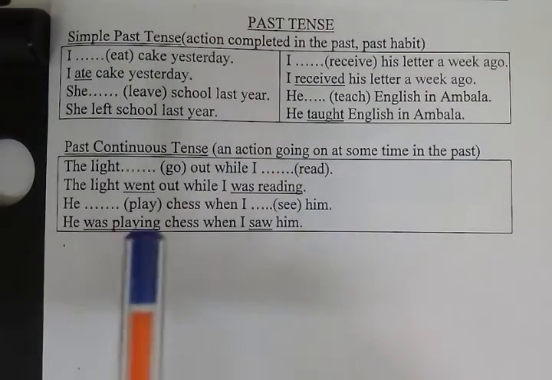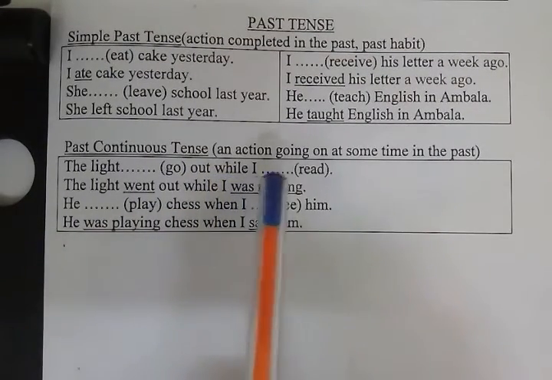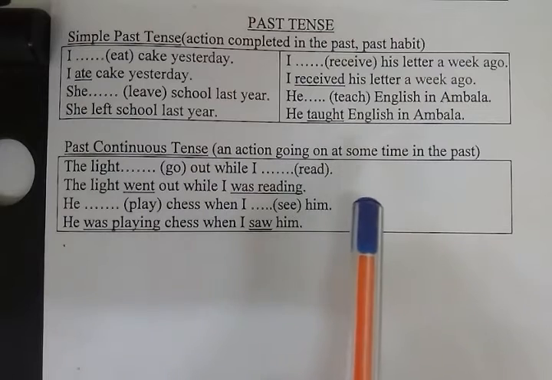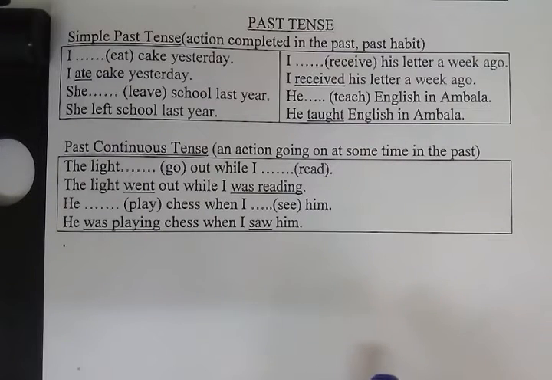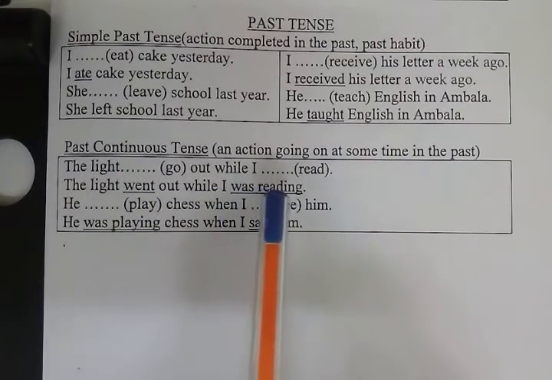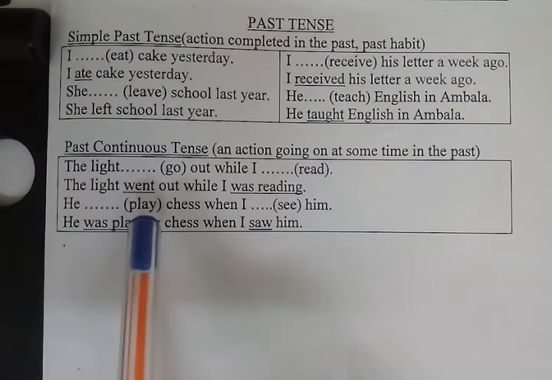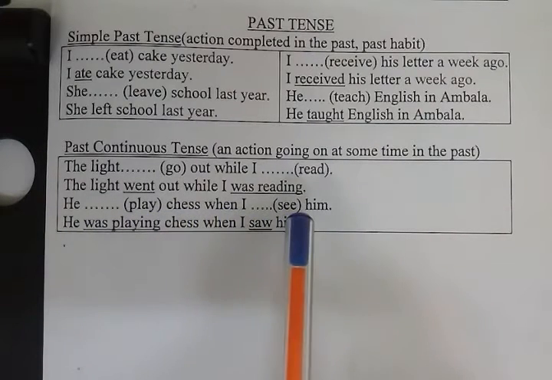Our next type of tense is past continuous tense. It is an action going on at some time in the past. So the light go out while I dash read. The light went out while I was reading.